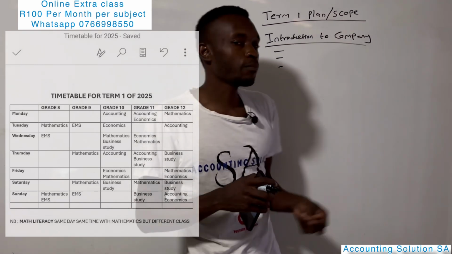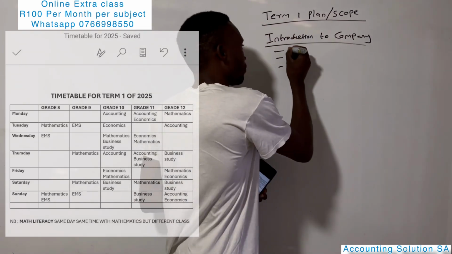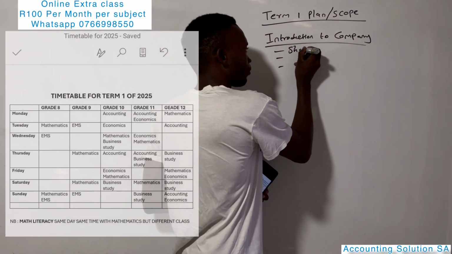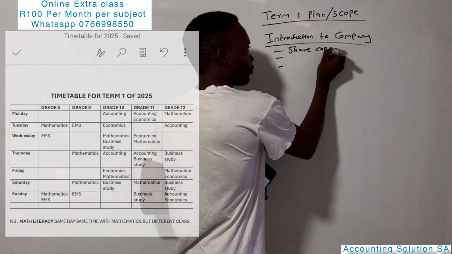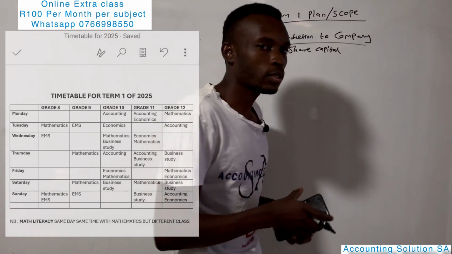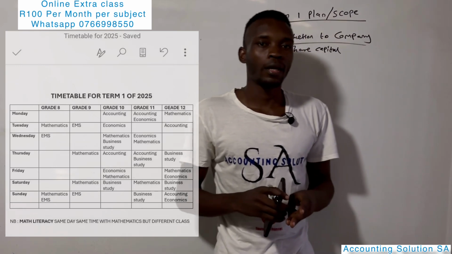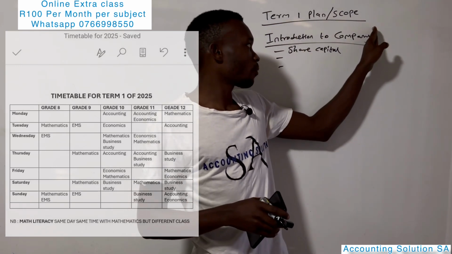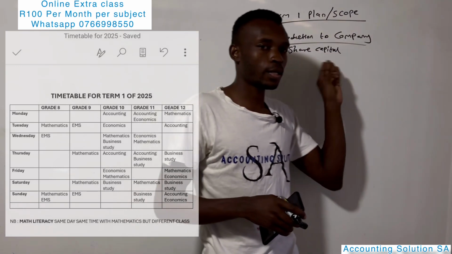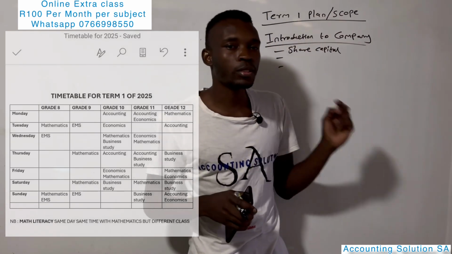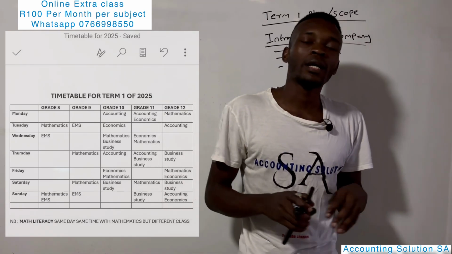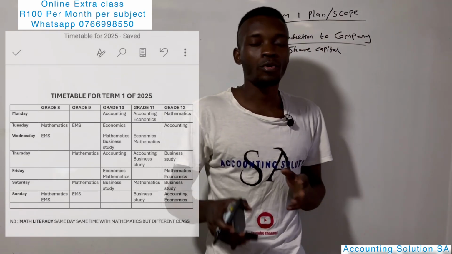So in a company, we have a word like share capital. When we raise a company, we have what we call a share. But when it comes to sole trader and partnership, partners just agree and contribute something.